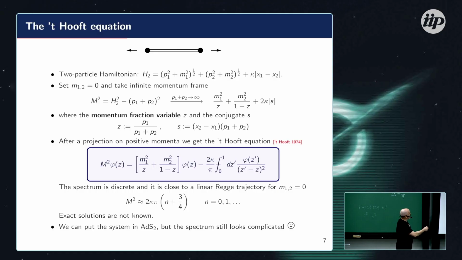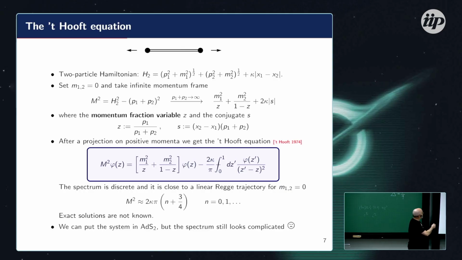So I can build a Hamiltonian like this. Here is the linear potential connecting the two particles at x1 and x2. I'd like to quantize the system. You cannot really do that in the lab frame because you're going to run into anomalies for the Poincaré group. Instead, what you can do is you can boost the system and go to a light front picture.